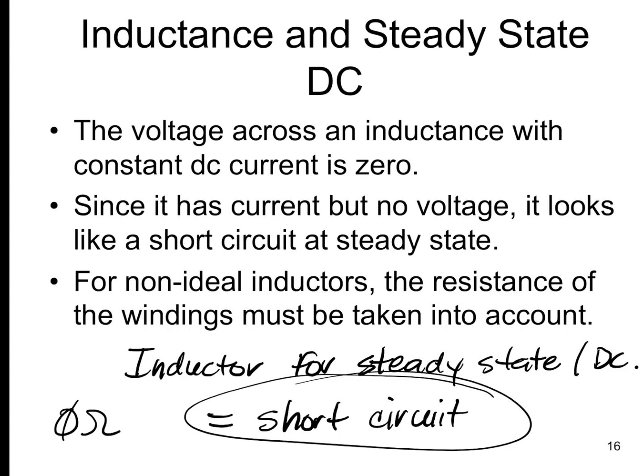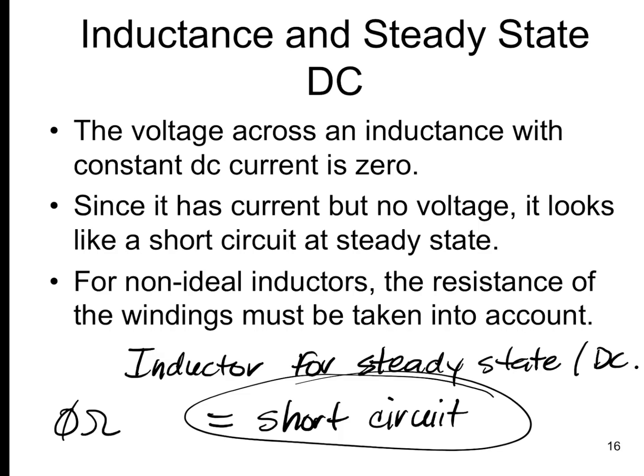Okay, so we just want to talk about inductance in DC or steady state, because as we go forward we're going to see we have a steady state equivalent for an inductor or a steady state equivalent for a capacitor, and that's really saying to DC what's the equivalent opposition of a coil of wire. And because we're looking at essentially a coil of wire with little to no resistance, the way we describe an inductor in steady state is a short circuit.